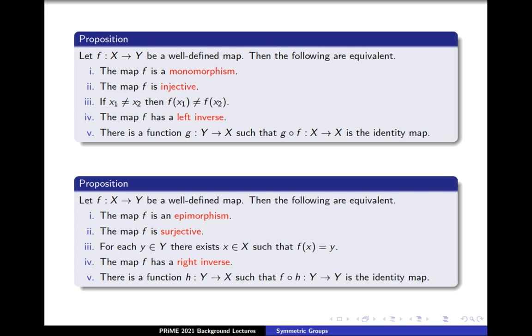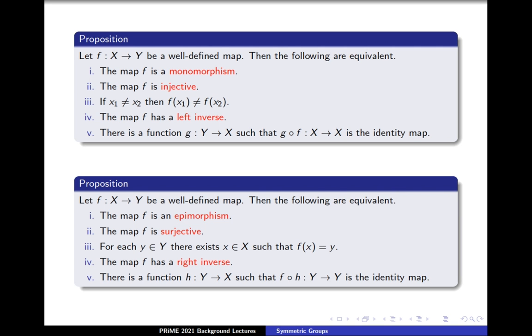Next, we'll consider the following proposition. Let f from X to Y be a well-defined map. Then the following statements are equivalent. First, the map f is an epimorphism. Second, we could say the map f is surjective. Third, this means that for each little y in capital Y, there exists little x in capital X such that f of little x equals little y.